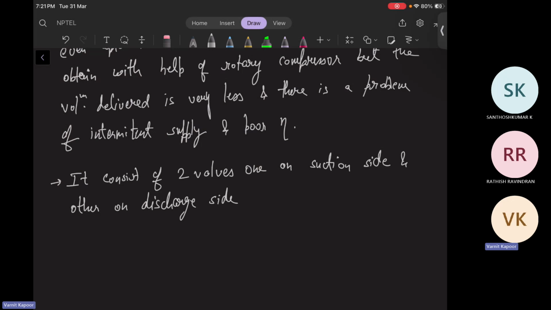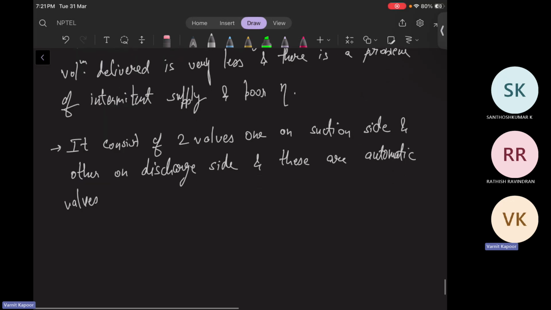And these are automatic valves operated due to pressure difference across them.